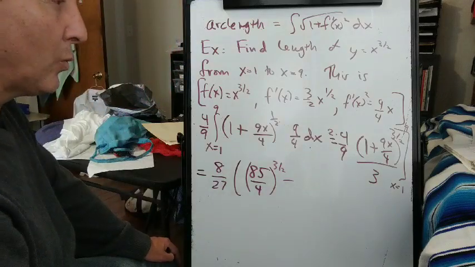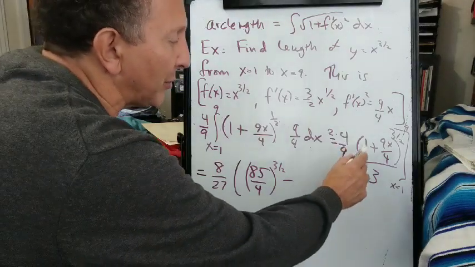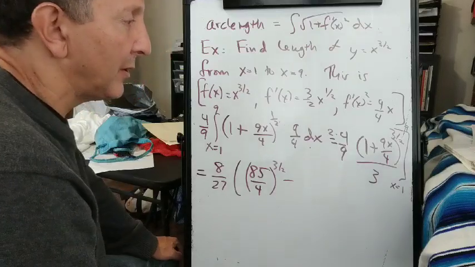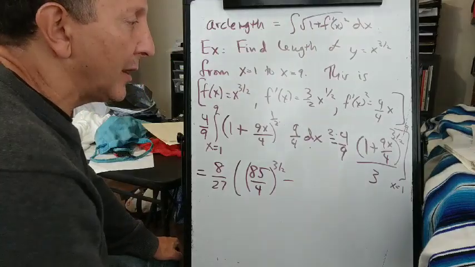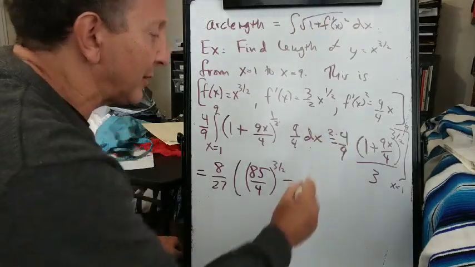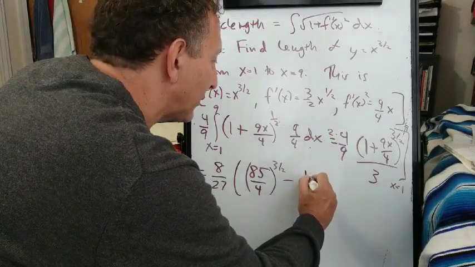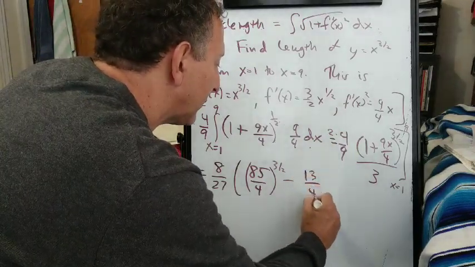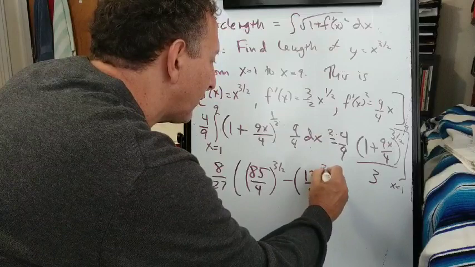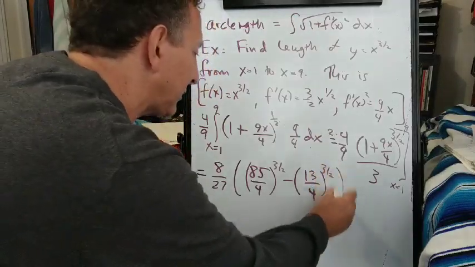Minus, plug in 1. We've got 1 plus 9/4, so I guess that's 4/4 plus 9/4, 13/4, to the 3/2.